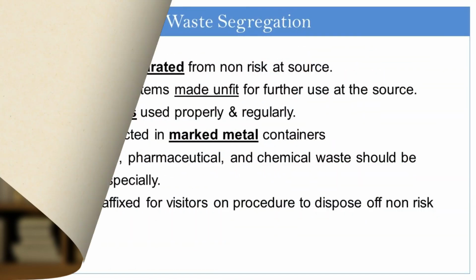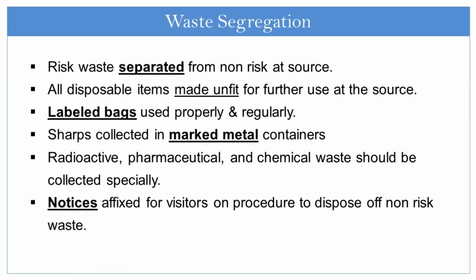What is waste segregation? Waste segregation is simply separating the risk waste from the non-risk or general waste at the point of its production. Where it is being produced, at the point of its source, it is separated at the same point.